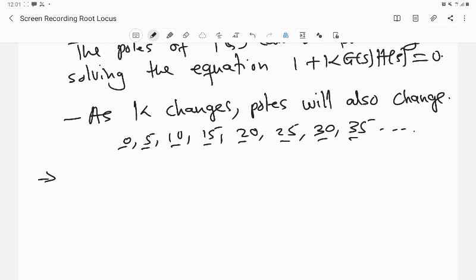With root locus, we are able to visualize both quantitatively and qualitatively the roots' behavior, and that helps us appreciate the behavior of the system without relying heavily on mathematics.